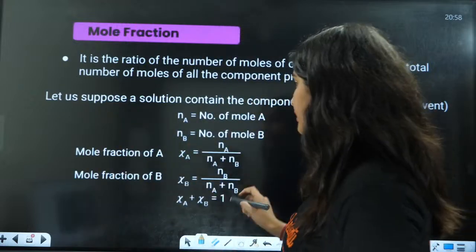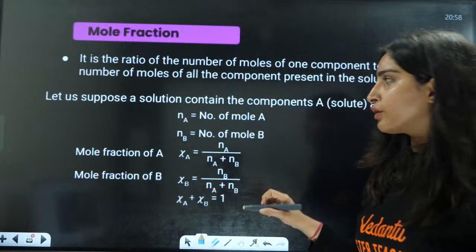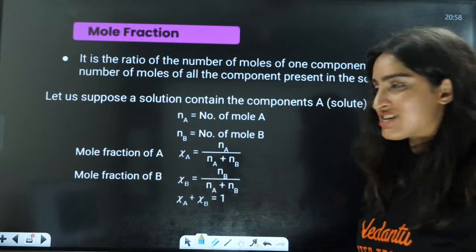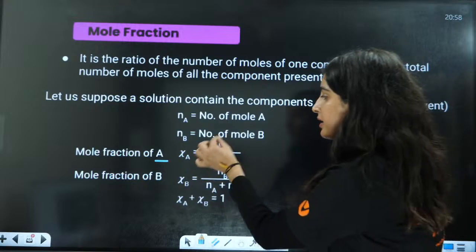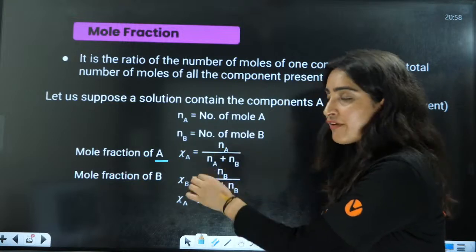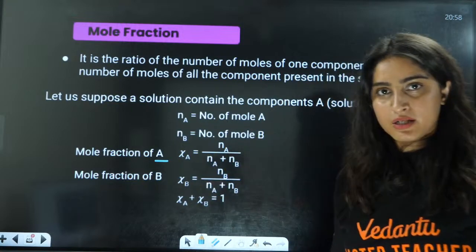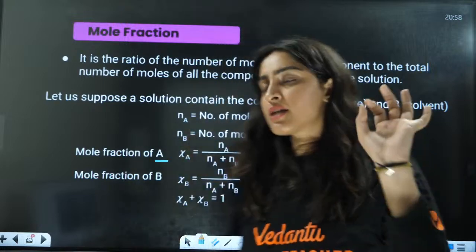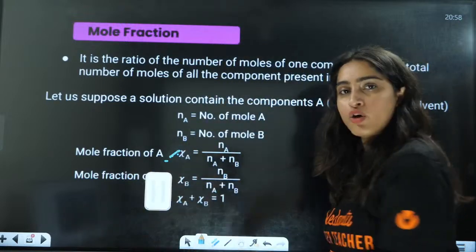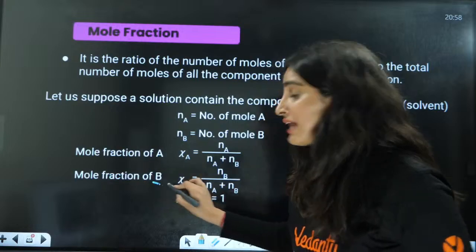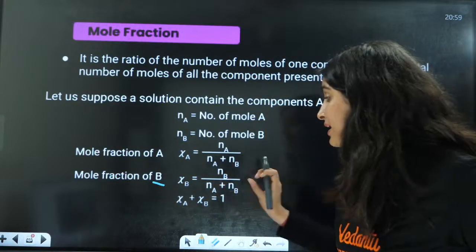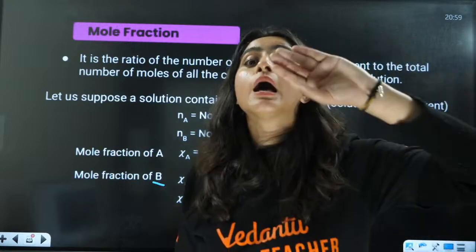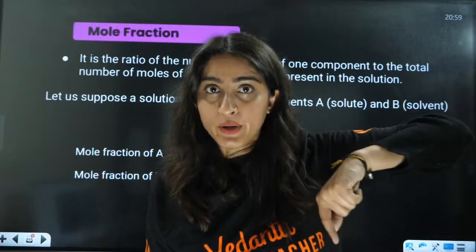For example, here we have two components, A and B. I have to calculate the mole fraction of A. Here I will write number of moles of A component divided by total number of moles in that mixture, that is number of moles of A plus number of moles of B. For mole fraction of B, that will be equal to number of moles of B component divided by number of moles of A component plus number of moles of B component, right?